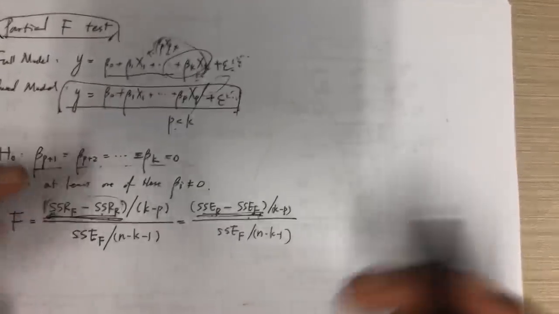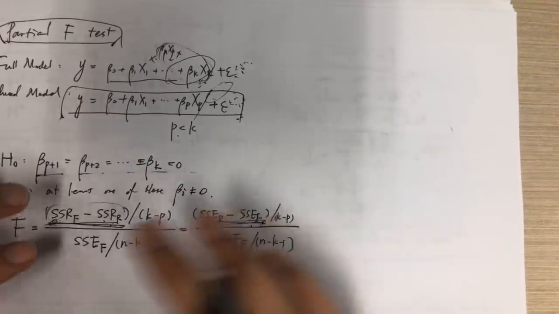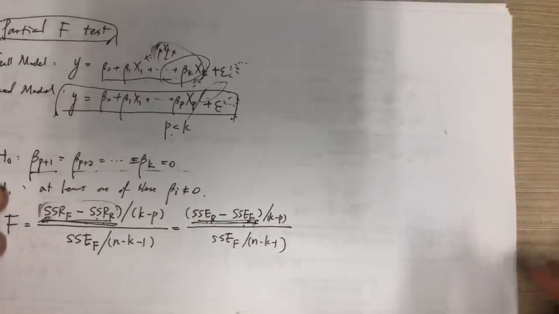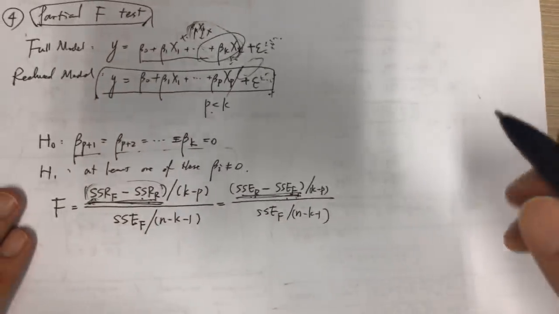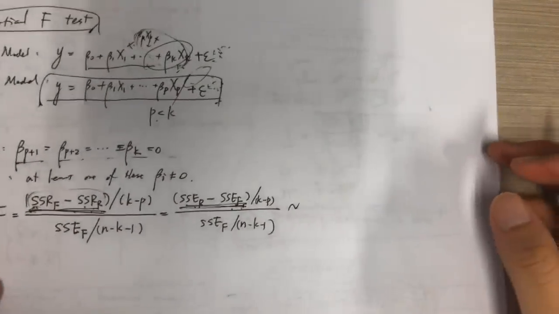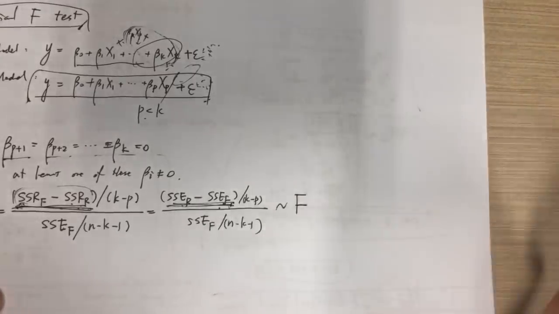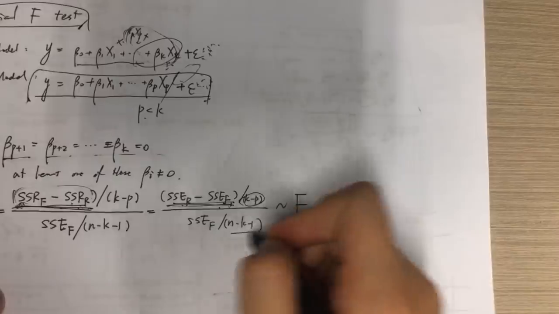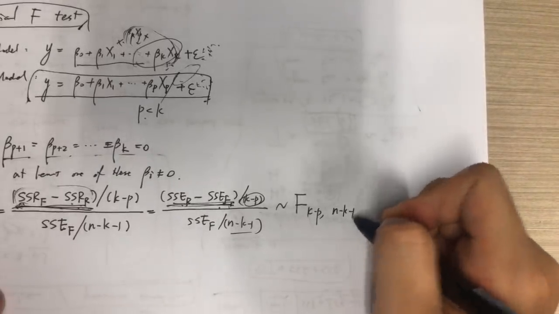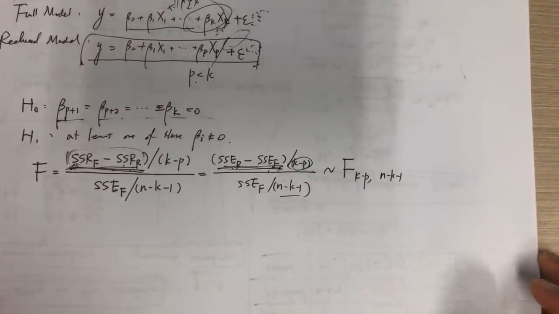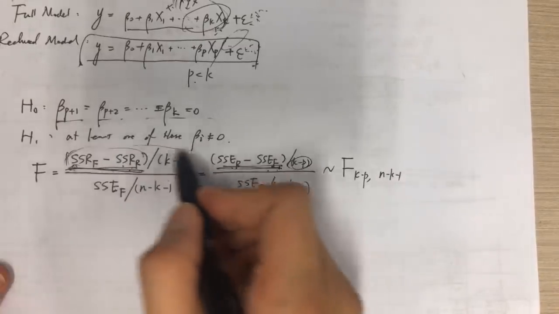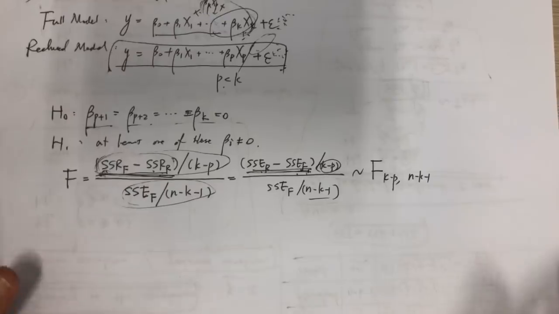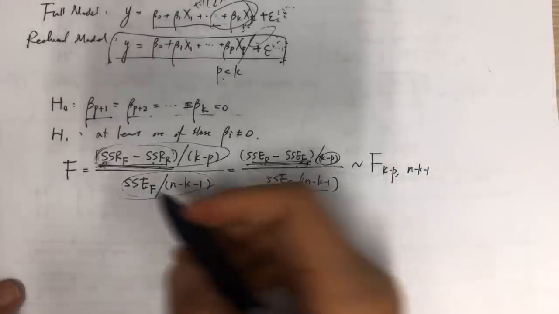So in your formula sheet, hopefully you can see one of those two formulas, and they are equivalent. This will follow an F distribution with degrees of freedom k minus p as well as n minus k minus 1. We want to see if the numerator is significantly larger than the denominator, therefore it is a one-tailed test.